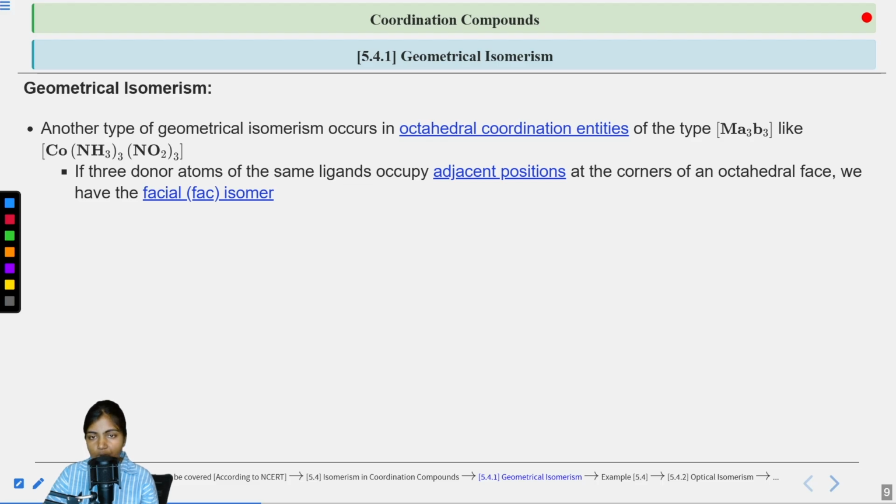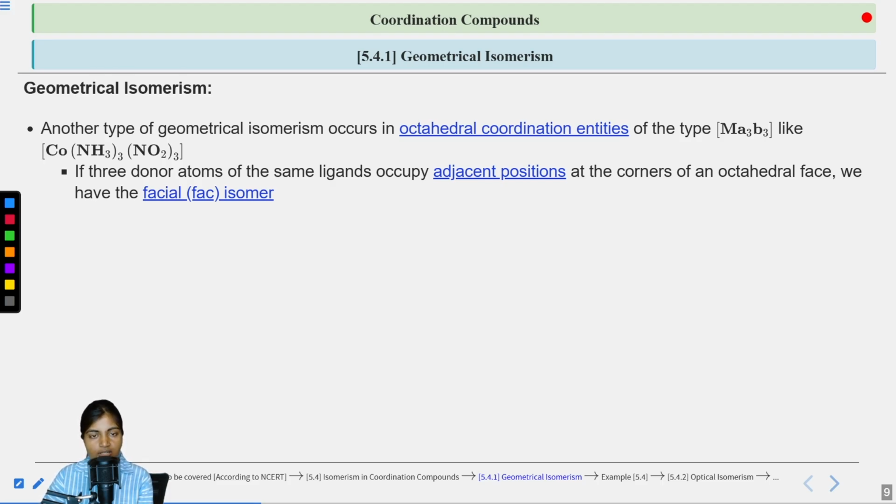Now, three donor atoms of the same ligand, what does it mean? If you take the example of [Co(NH3)3(NO2)3], in the three molecules of ammonia ligand we have three nitrogens, and those are our three donor atoms of the same ligand, ammonia.